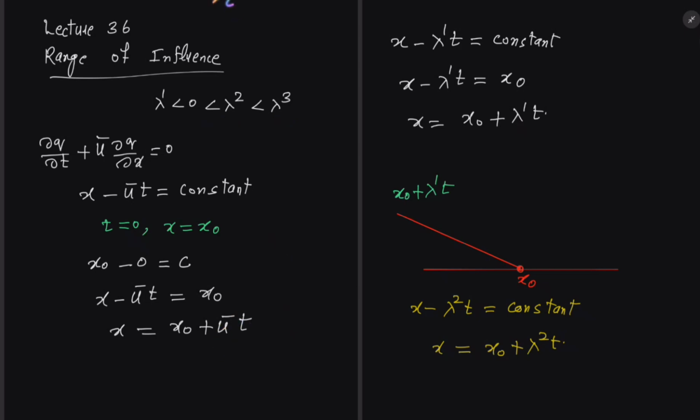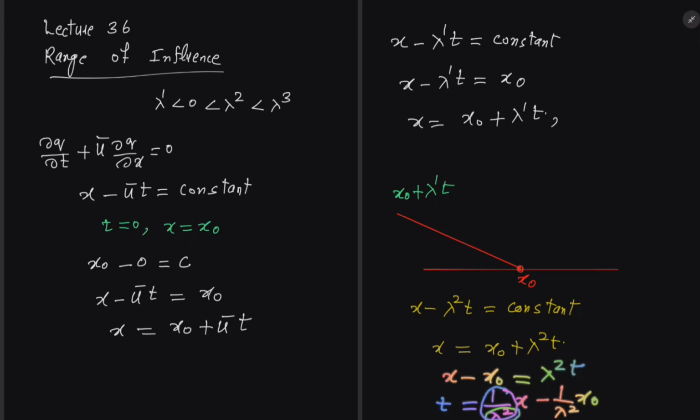When we solve this problem, this becomes x minus x naught equals lambda 2 t, and t will be equal to 1 over lambda 2 times x minus 1 over lambda 2 times x naught. So when lambda 2 is small, its reciprocal is large.